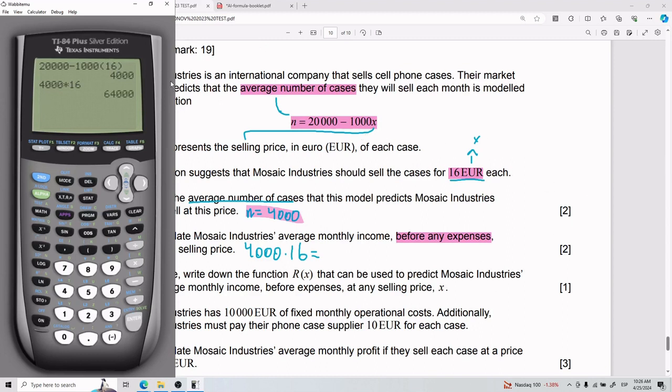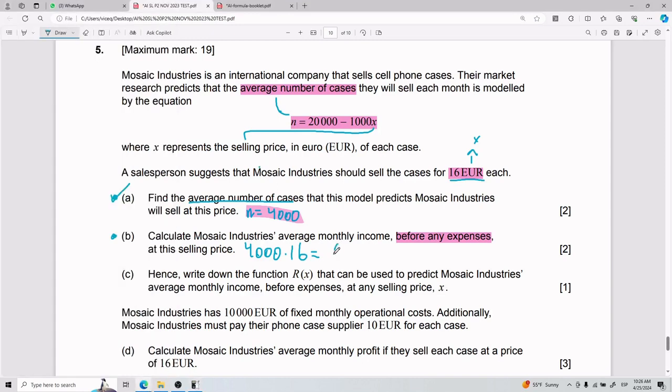Profit includes costs, so for now it's just income, right? So your income is going to be the amount of cell phones, 4,000, times the price that you sell it at, 16, and there it is. So your average monthly income for part B will be 64,000. Now let's recall that all of this is in euros.